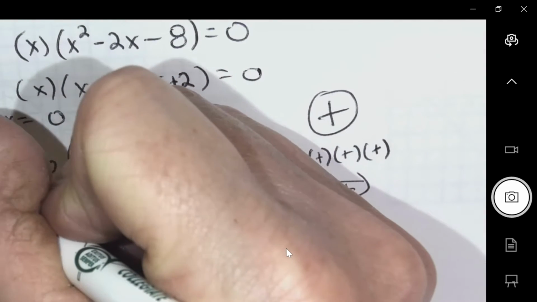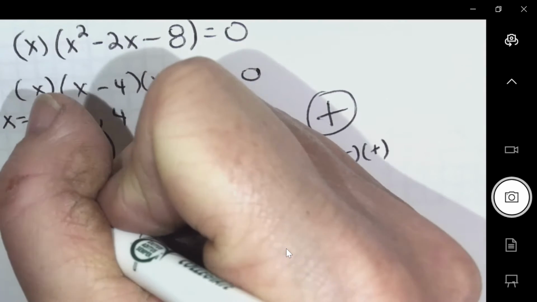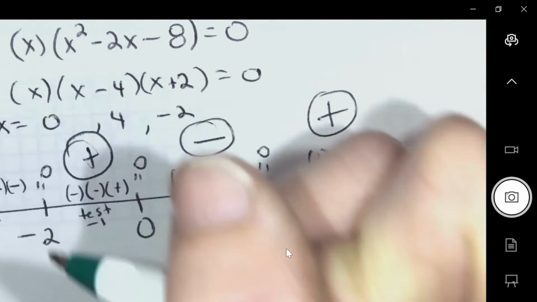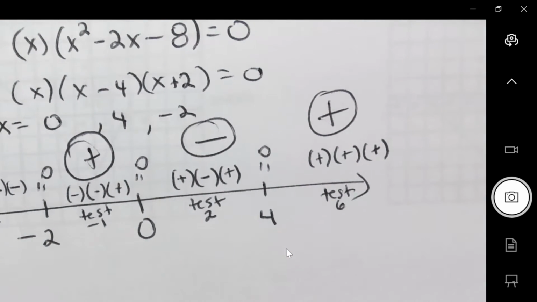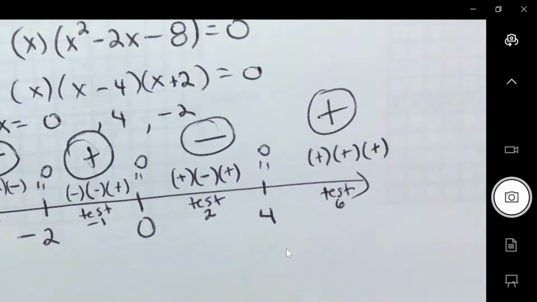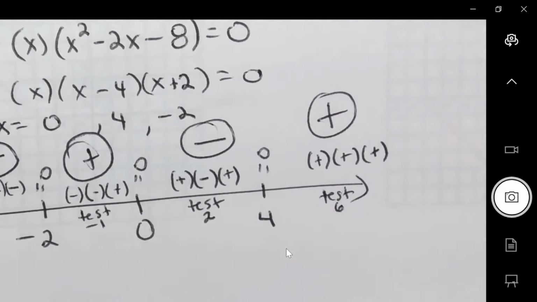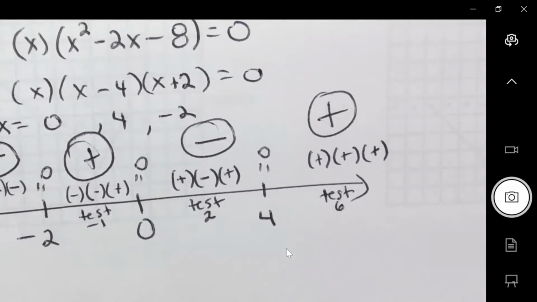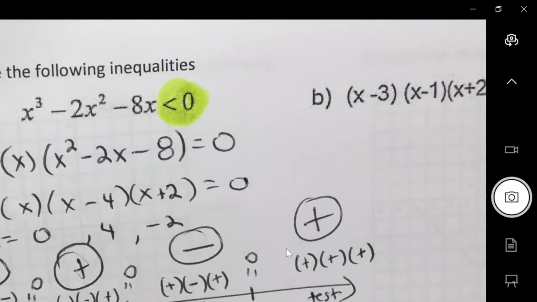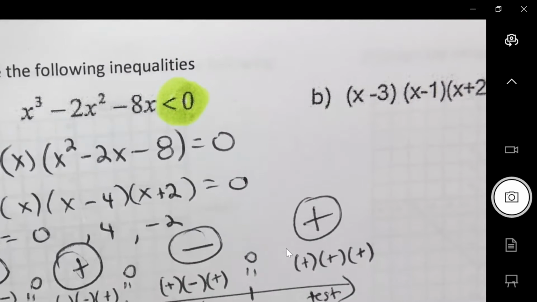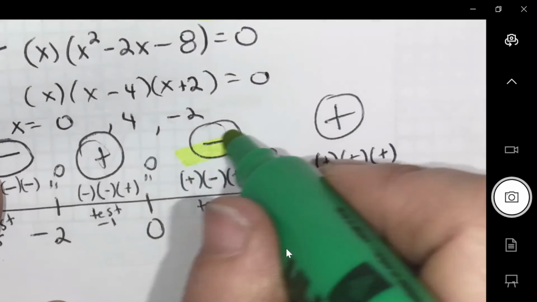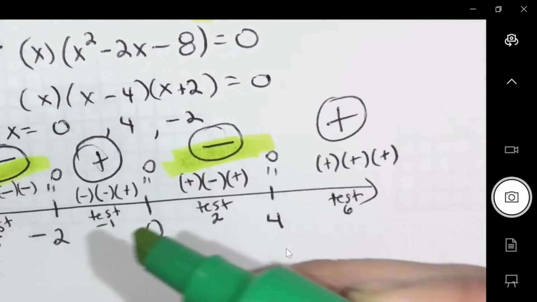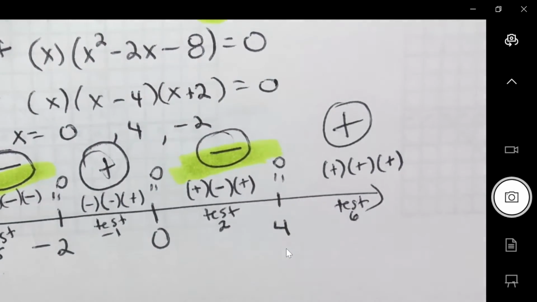So it would make negative, negative, negative. 3 negatives, negative. Okay, less than 0 is what I'm looking for. Less than 0, so negative zones. So where am I negative? I'm negative in those zones.